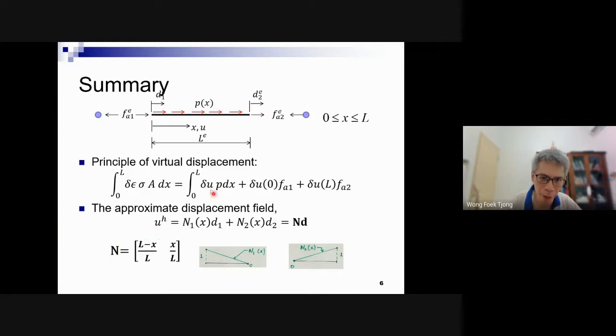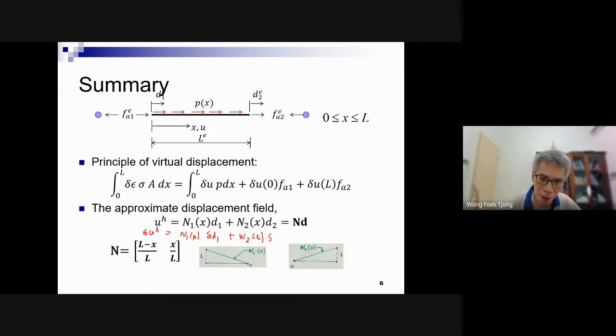How about the approximation for the virtual displacement? In the standard finite element formulation, we take the approximate displacement delta U in the same form like this. But of course, the variables cannot be the same. If this is D1, it becomes delta D1, another free variable. This is the known function.